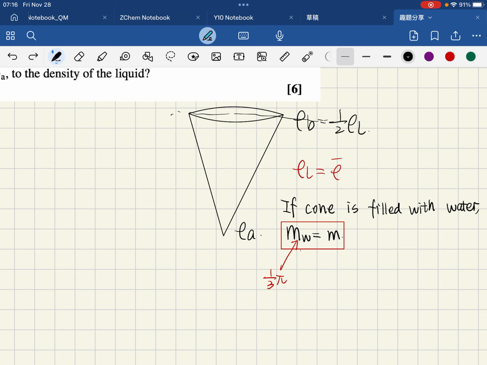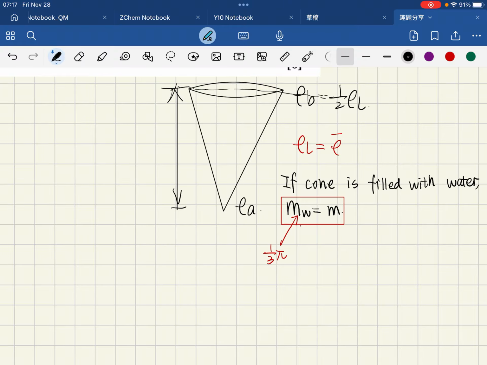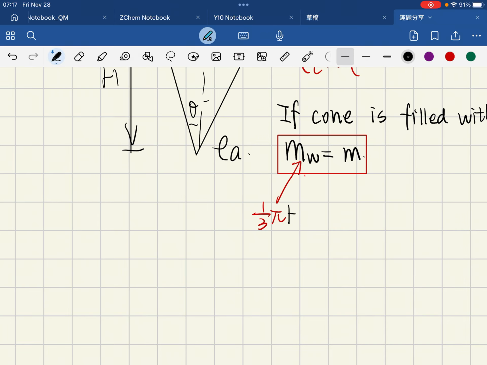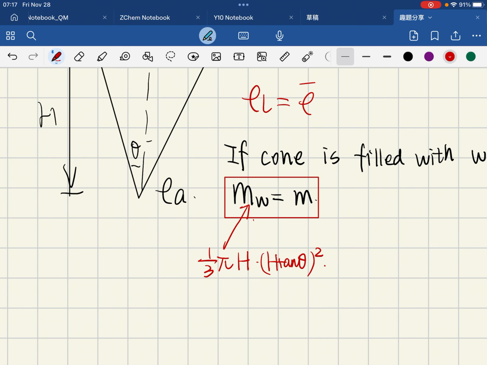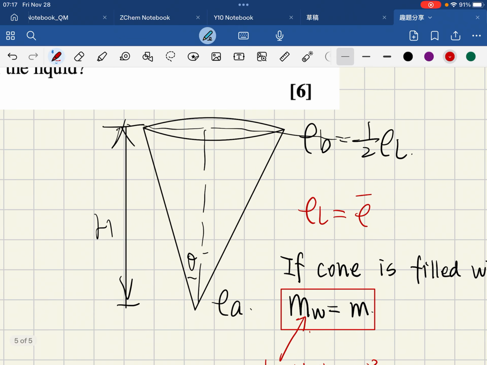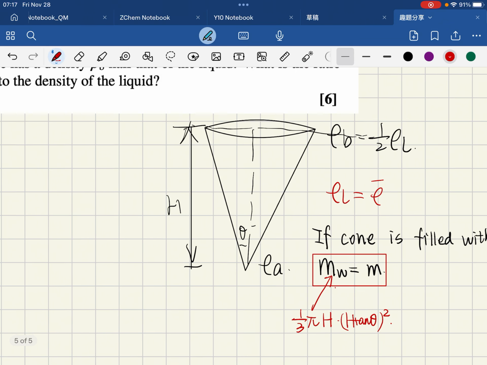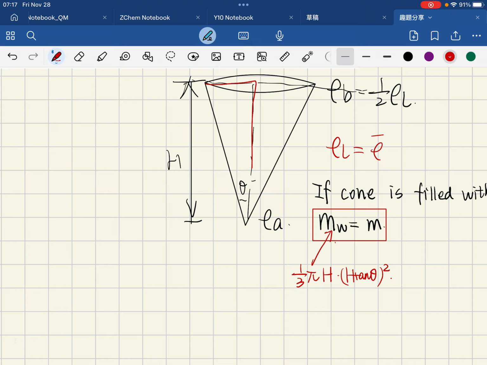Let's say this height is big H and this angle is theta. Why tangent theta? By using this geometric relationship, the radius is H tangent theta.